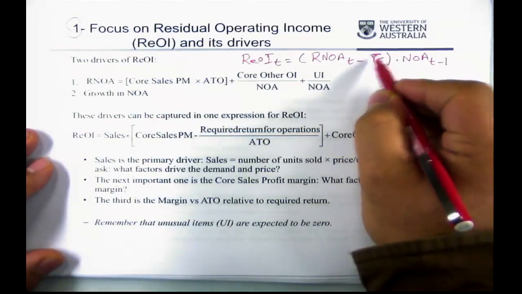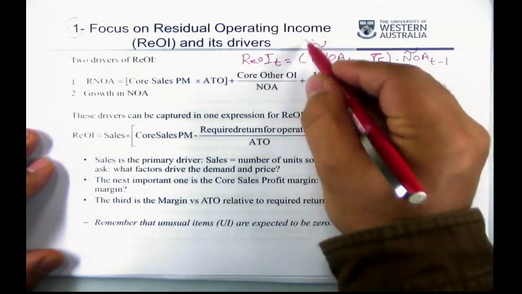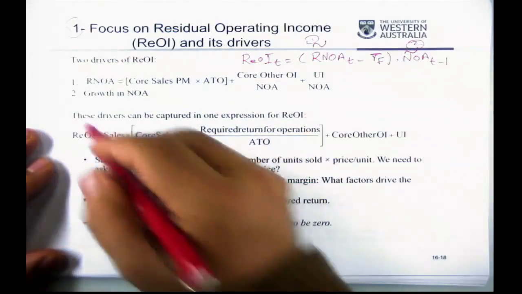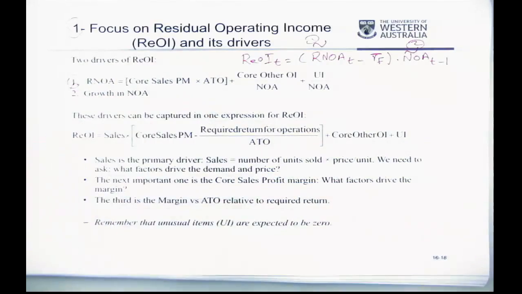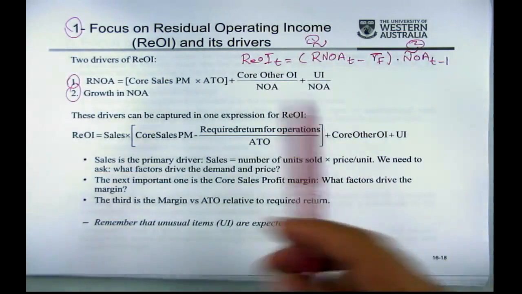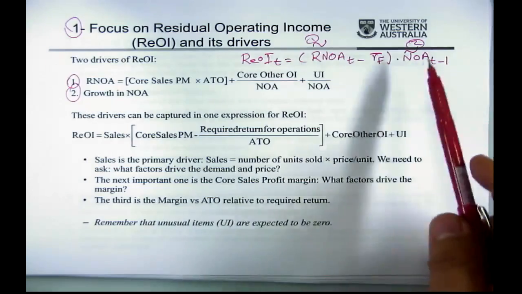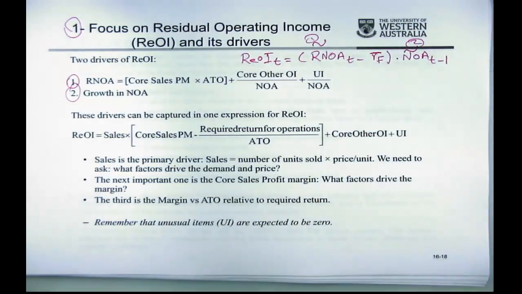Remember that this one is constant, but this one is variable and this one is variable. So these are the two drivers of the residual operating income. We have two drivers, the return on net operating assets and also the change or the growth in the net operating assets.